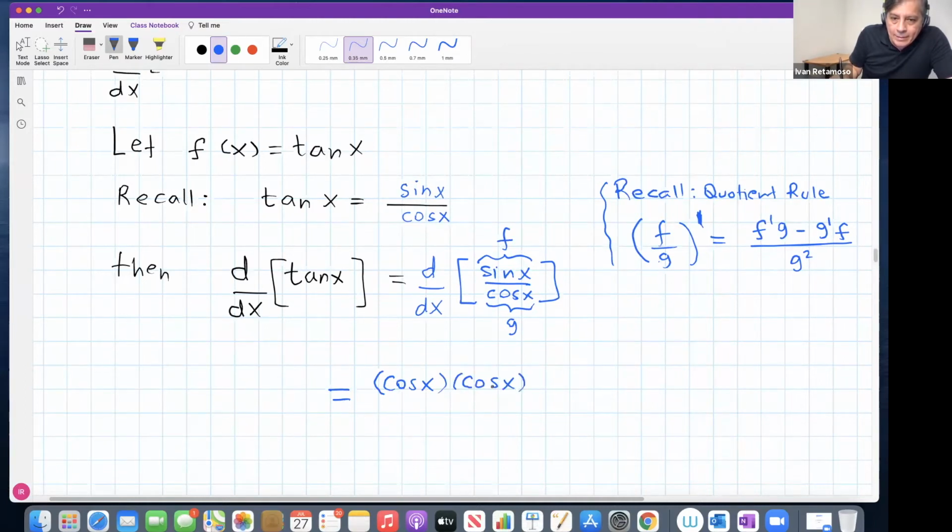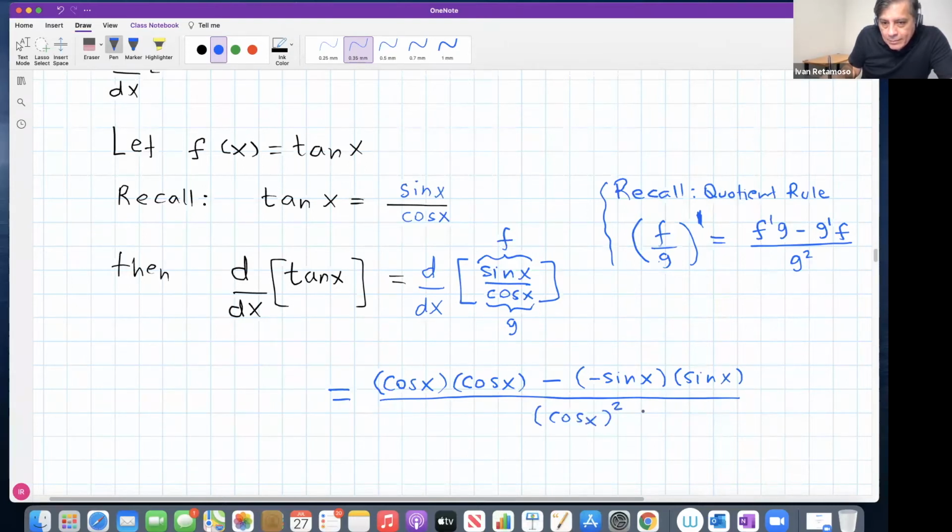Minus the derivative of the g function, the derivative of cosine, which is minus sine of x, multiplied by the function f as it is, sine of x. All over the function g squared, cosine of x, all that squared.